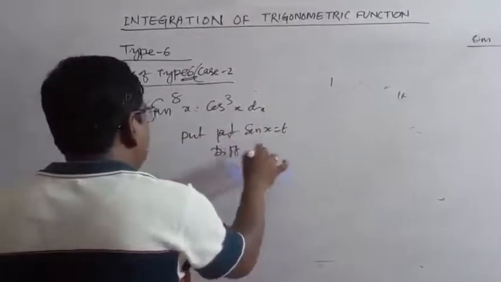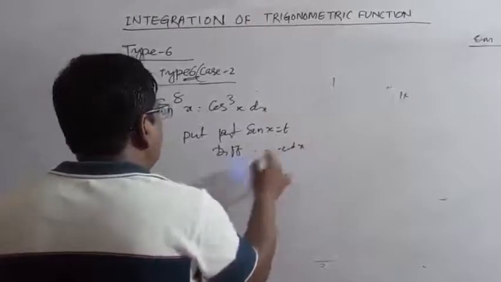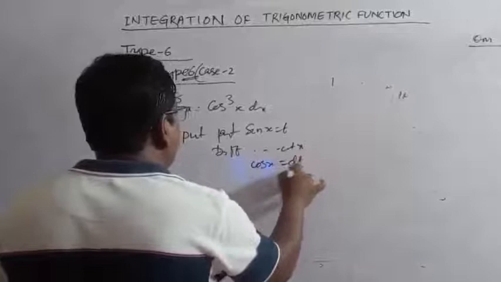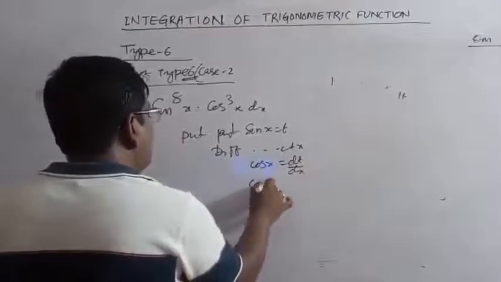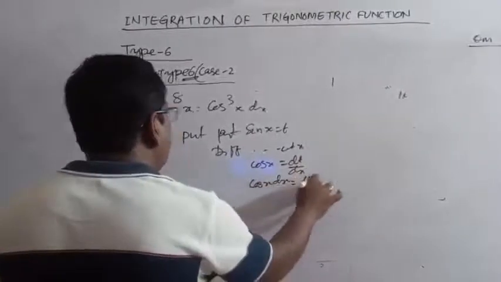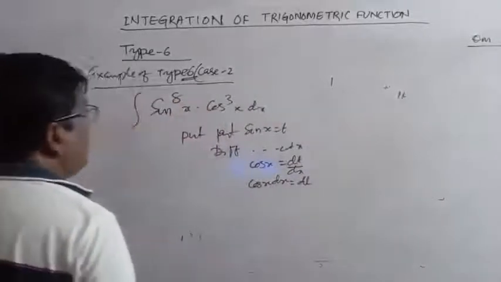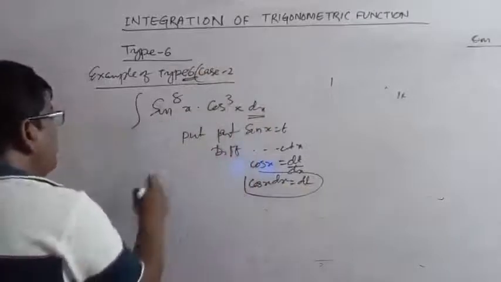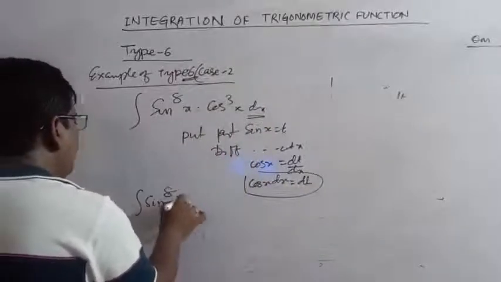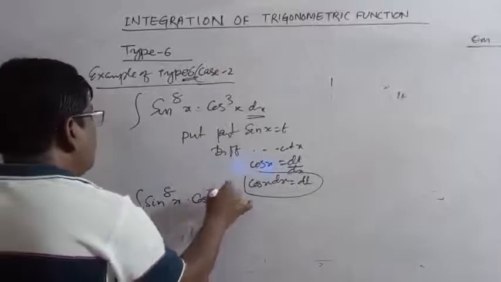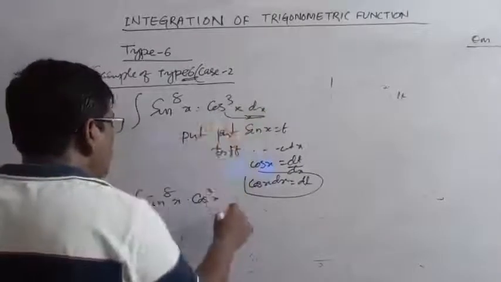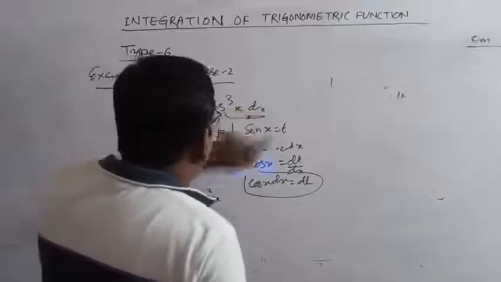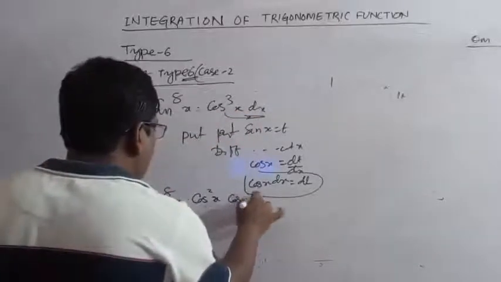Differentiate with respect to x: cos x is equal to dt by dx, so cos x dx is equal to dt. Here one cos x is required near the dx. So we have sin 8x, this is cos square x, and bring one cos near the dx. So this is cos x dx.